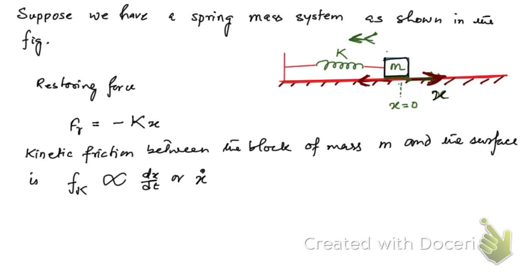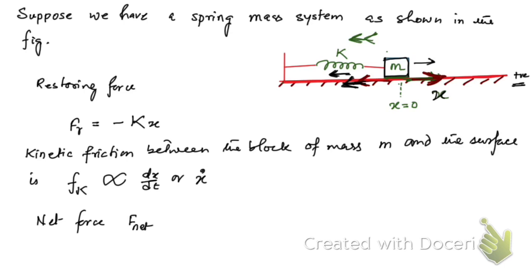If the kinetic friction is directly proportional to velocity, then to write an equal sign we need a constant, and suppose that constant is b.